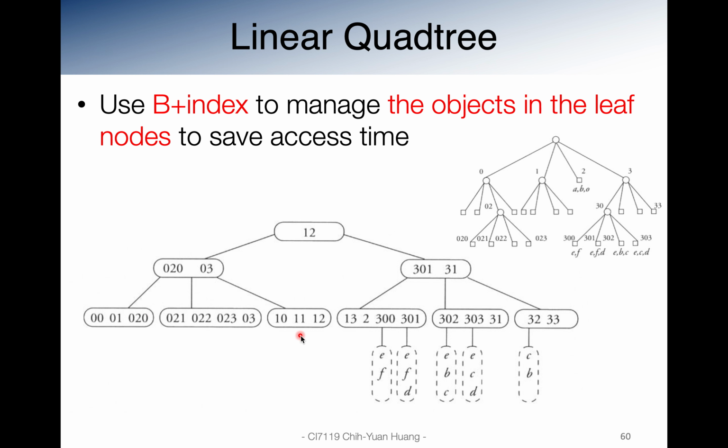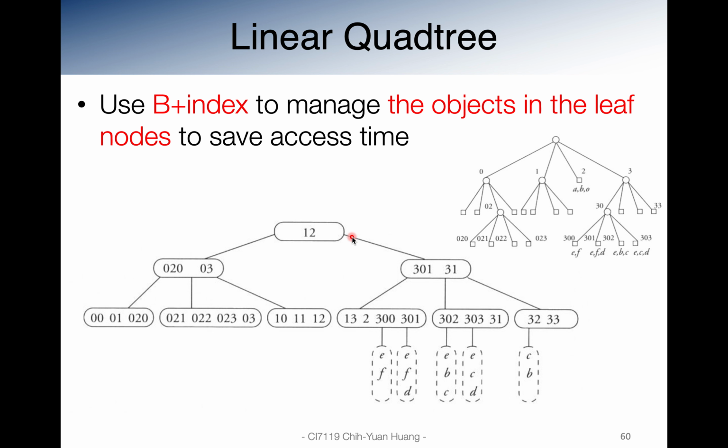As you can see, by doing something like this, it's a balanced tree. From the root node to the leaf node, it has the same number of paths, or the same number of labels.